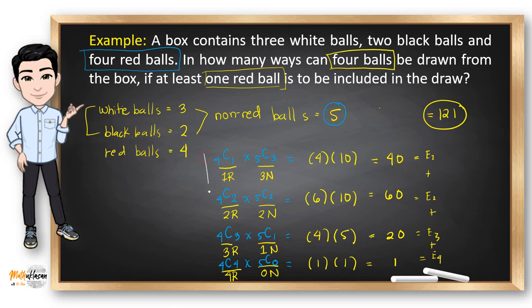Now, maybe you are thinking, is there another way for us to solve this one? Yes, there's actually another way, but you would find it more complicated because you can actually have the combinations of one red ball, three white balls, and zero black balls. So what we're doing here is stating all the possible combinations of these colors, but the solution will be longer.